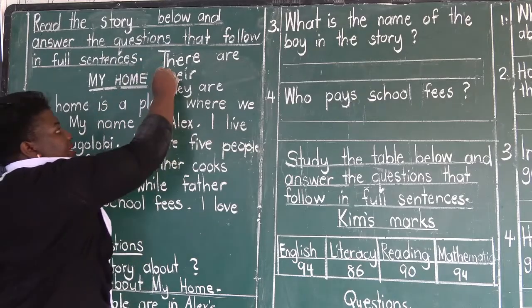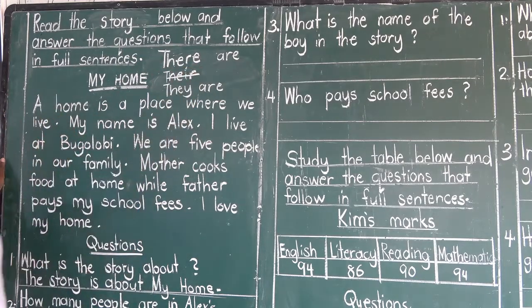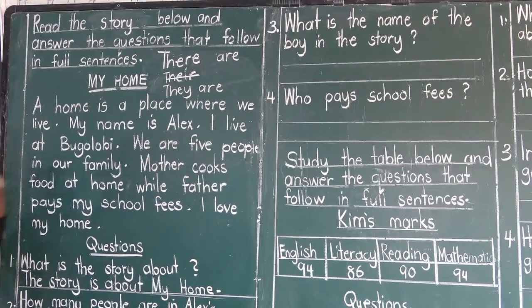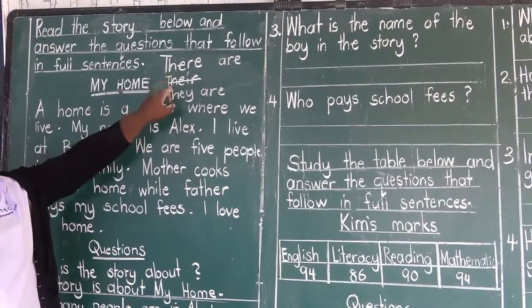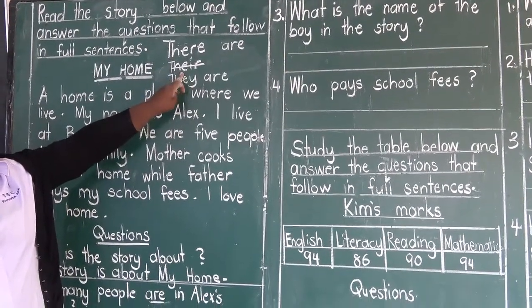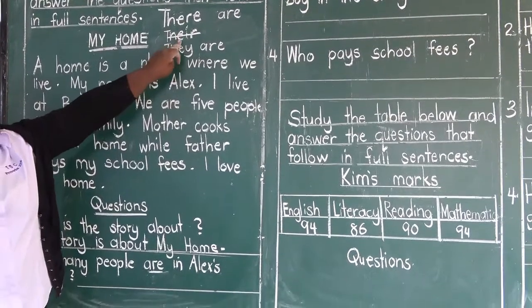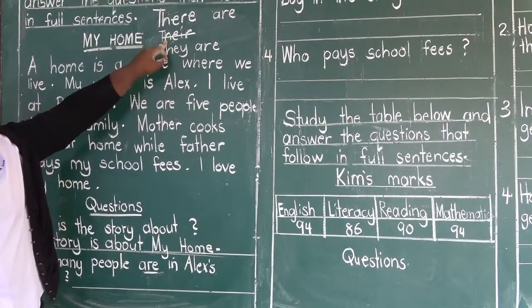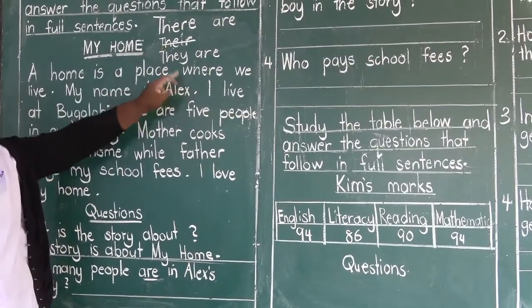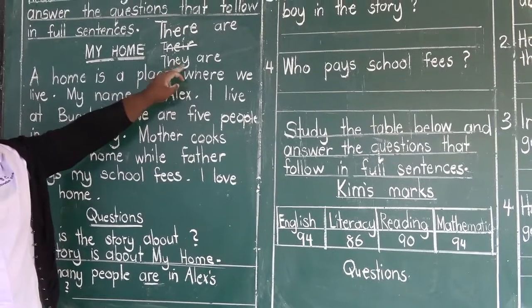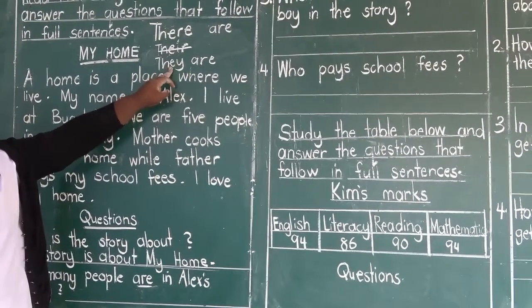We are not taking this because this is talking about ownership or belonging. That is their pencil. That is their school. So we are not taking this. And we are not taking they are. No. What are they doing?